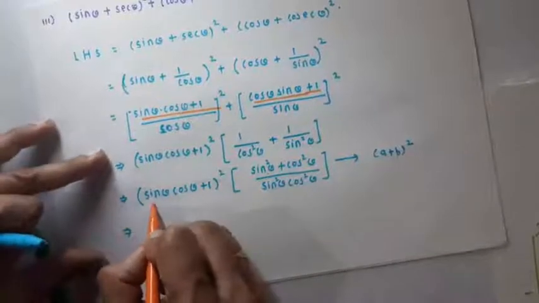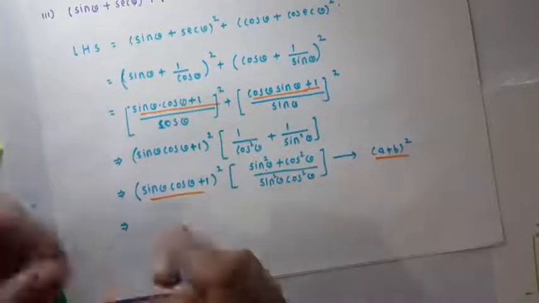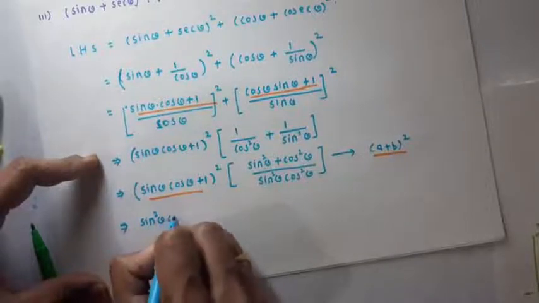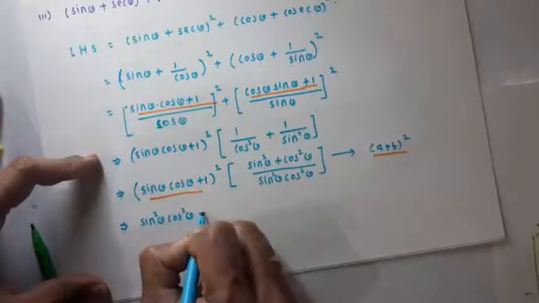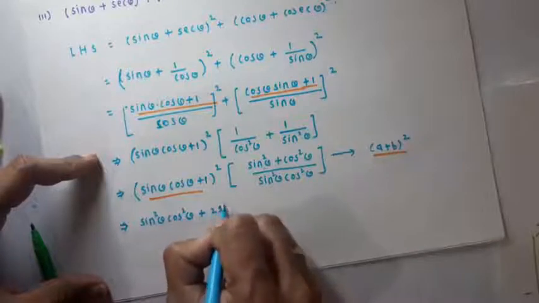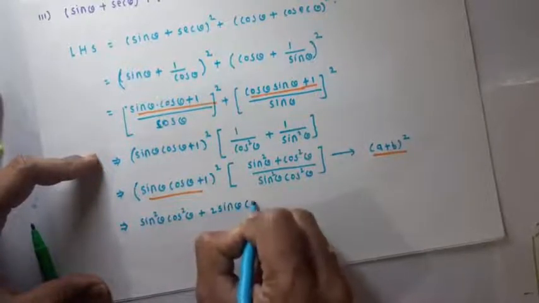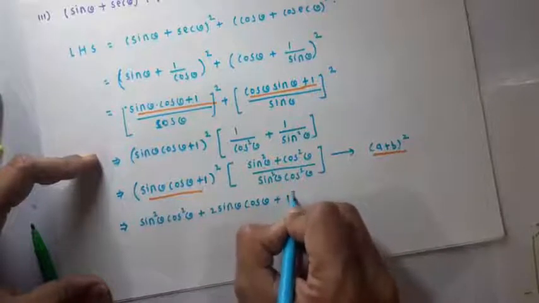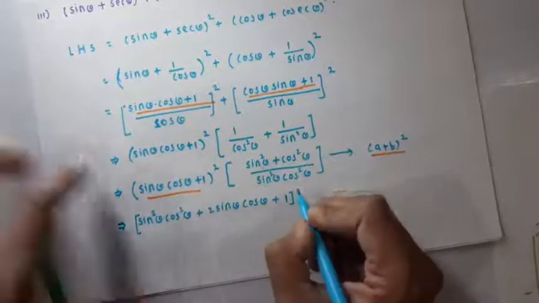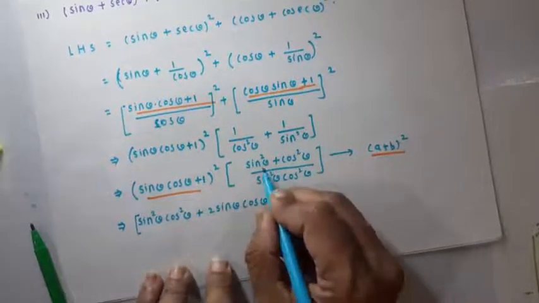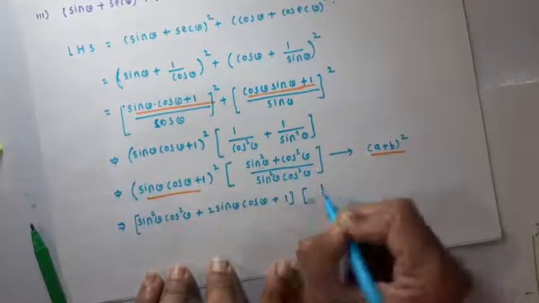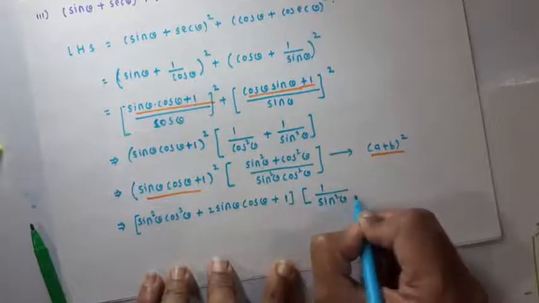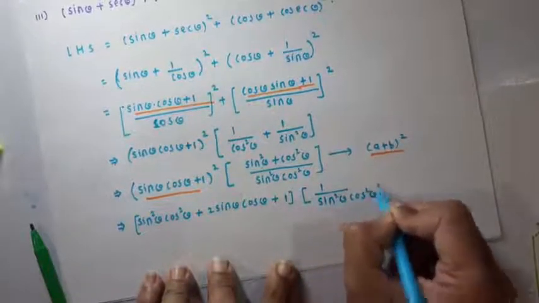So this is (sin square theta cos square theta plus 2 sin theta cos theta plus 1) into (sin square theta plus cos square theta is 1) upon sin square theta cos square theta.